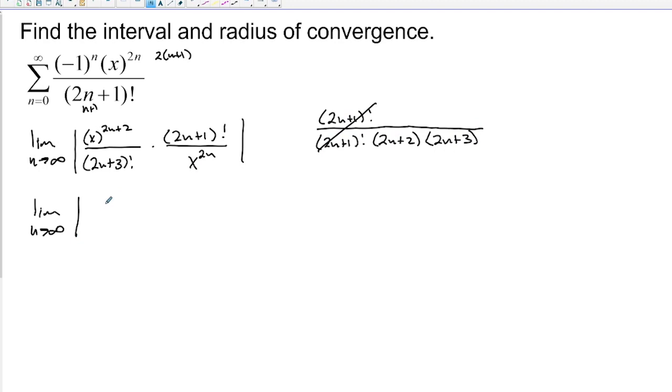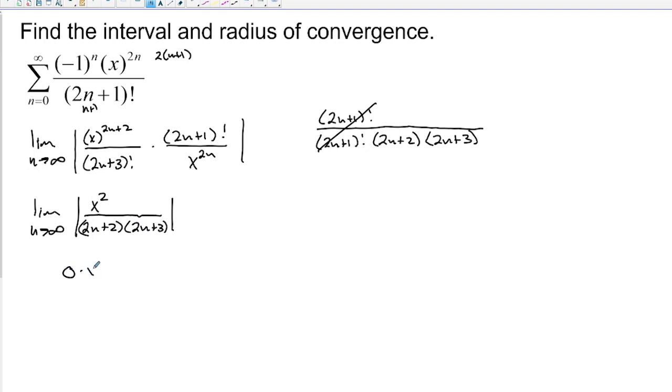Well, now we have an extra, let's see, 2 extra x's up here: x squared, and then over (2n+2)(2n+3). Now, if we take the limit as n approaches infinity with the n's, we end up with 0.